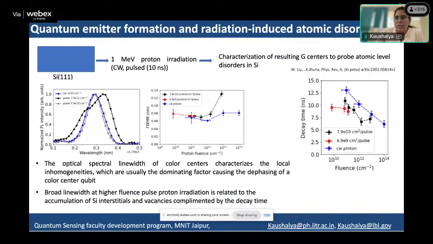That also gave us the insight that indeed, even with simple proton irradiation, you can make these G centers and you can tune slightly their properties. This is simply playing around with some other parameters that we have access to, for example, the fluence of the proton, and how that compares to if you have a continuous pulse of protons instead of your short proton pulse.